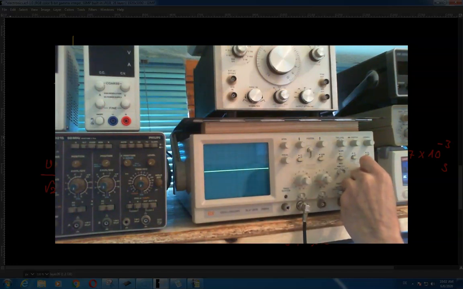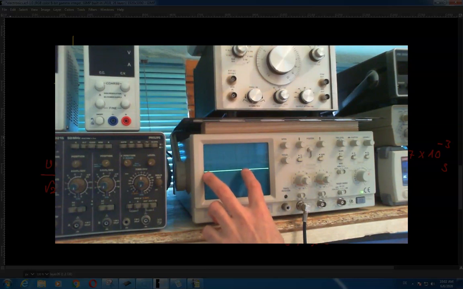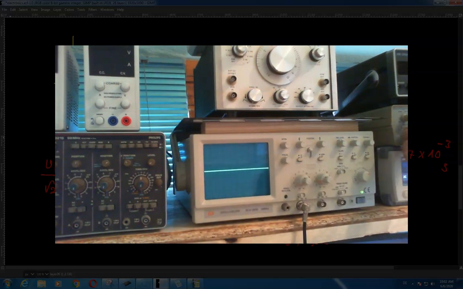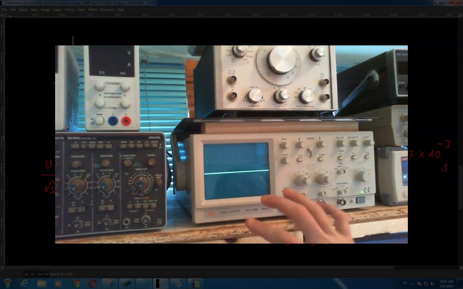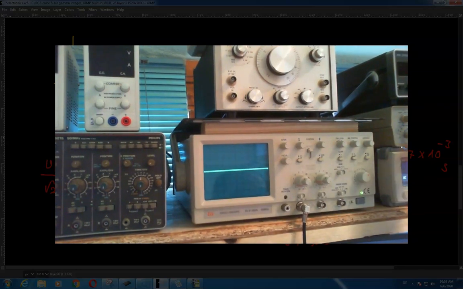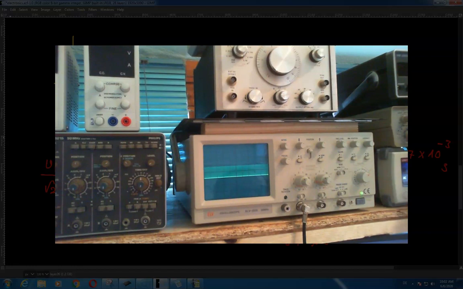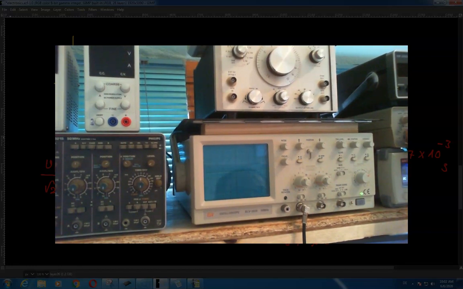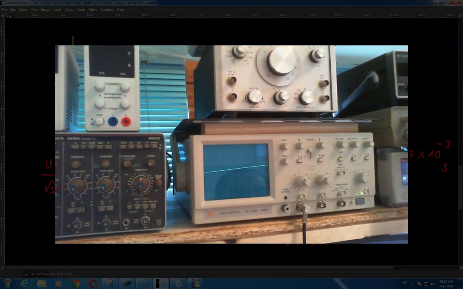If each of these divisions is 10, then I would need about 6 or 7 of them to make one complete cycle, right? So I keep increasing the frequency until I get to one complete cycle in about 7 divisions. So I increase the frequency here, something like this, and still I keep changing the frequency.